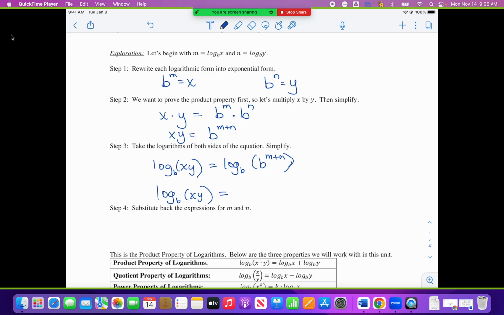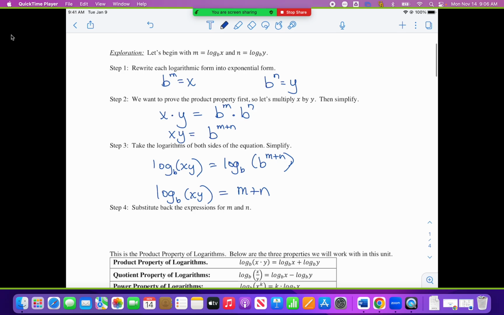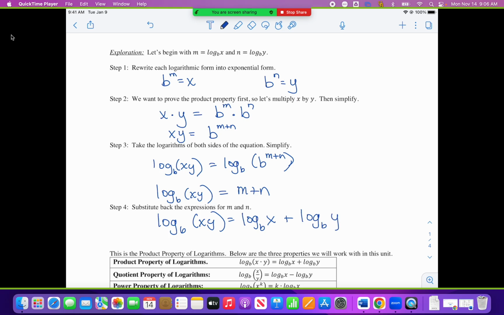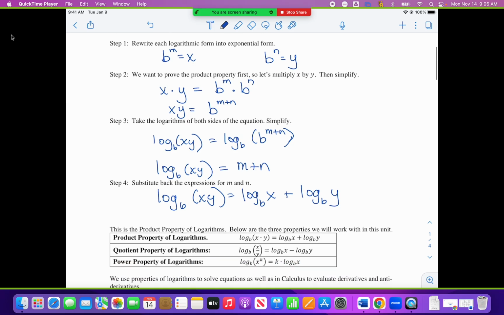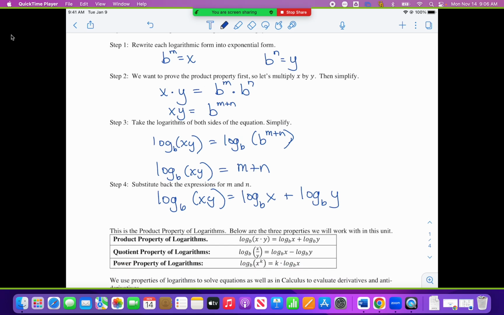It really is that simple. Now we're going to substitute back in what m is. M was log base b of x, and n was log base b of y. That is the product property, and that's why it's the product property.